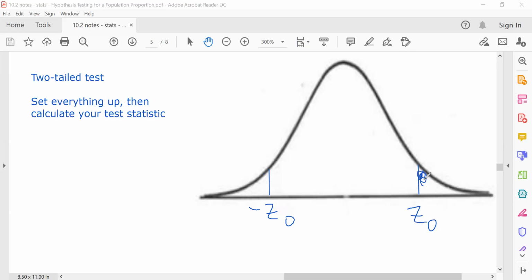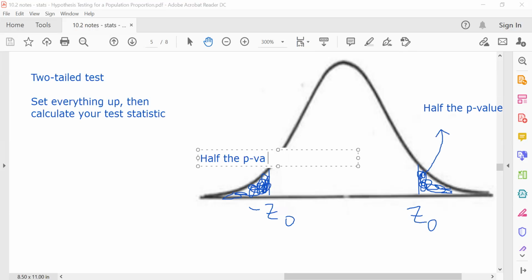Now the p-value: this is half the p-value, this area. This is also half the p-value, this area.